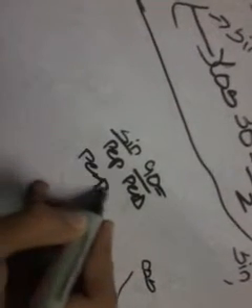Sine 90 is equal to sine means perpendicular, 90 means perpendicular. Perpendicular over perpendicular, perpendicular plus perpendicular is equal to perpendicular, which means 1.